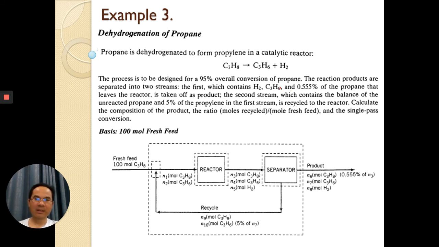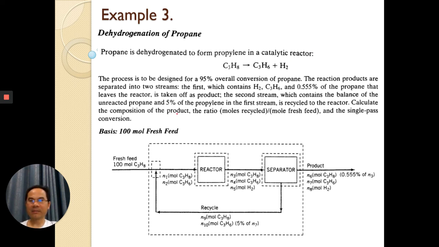It may be a solid catalyst or a solution catalyst. For this case, we consider only the chemical reaction, not the catalyst. The propane undergoes dehydrogenation by catalytic reaction to produce propylene and hydrogen. This equation is balanced already.